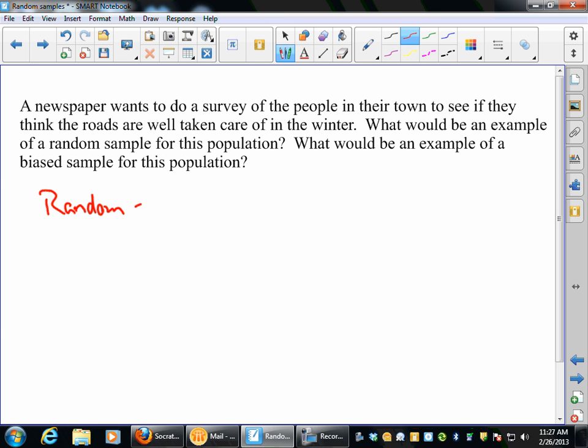Well, one way you could do it would be that somewhere, in a computer or something, they're going to have a list of all the people living in town. So you could go to a list of all the people in the town and then randomly choose people off that list.